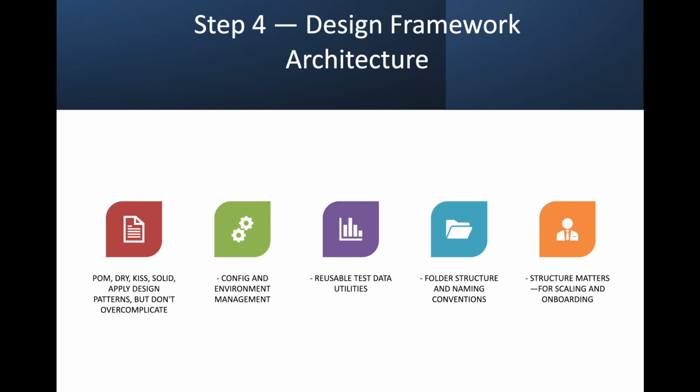You can apply some design patterns, but don't overcomplicate it at the early stages of your development. Also, you need to think about the environment management, reusable test data utilities, and the folder structure and naming conventions. And structure always matters, because for scaling and onboarding, you've got to keep it simple.